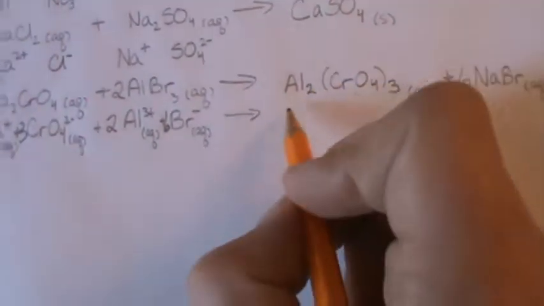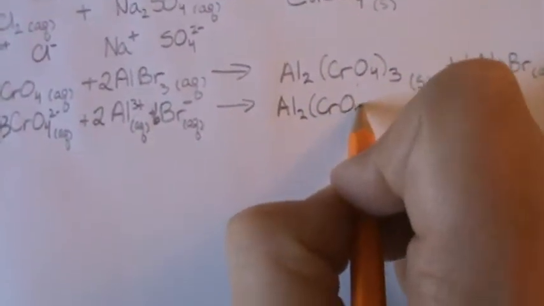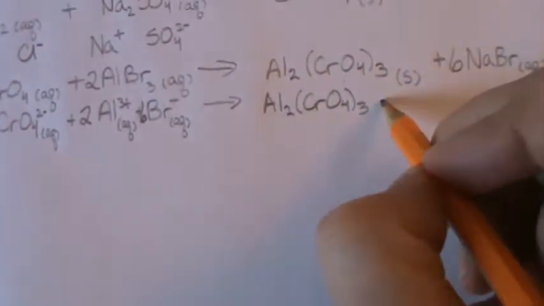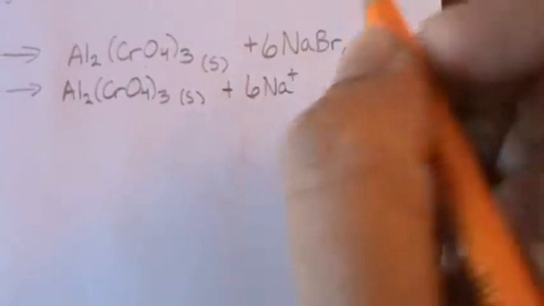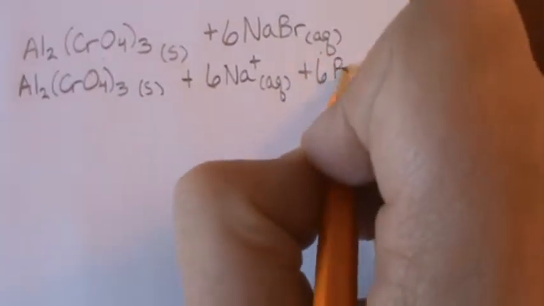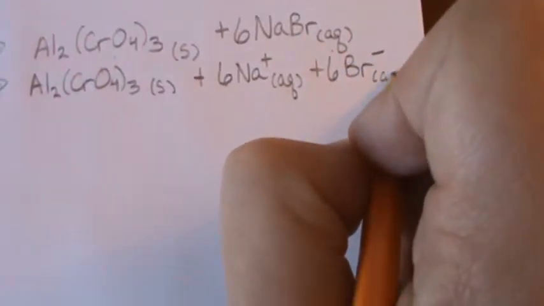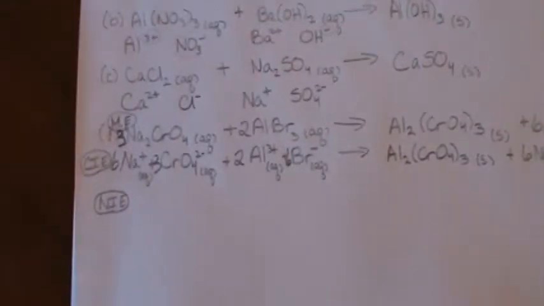The aluminum chromate here is no longer ionic, so we leave it together because it's not dissolved in water, it's solid. But we break up the sodium bromide again for 6 sodium ions and 6 bromide ions. So just remember, the complete ionic shows the complete set of ions, so everything that's still ionic.